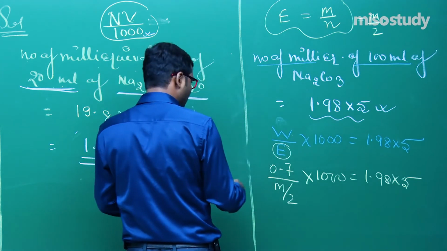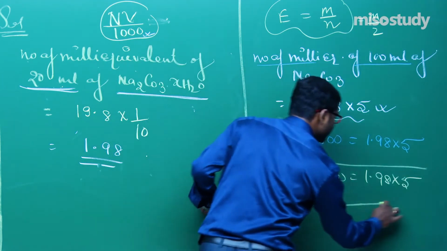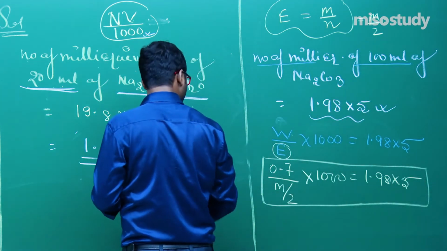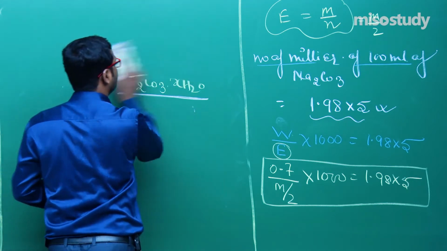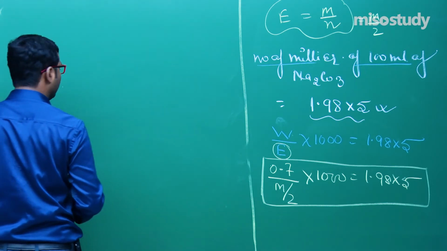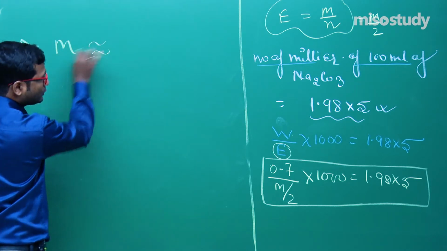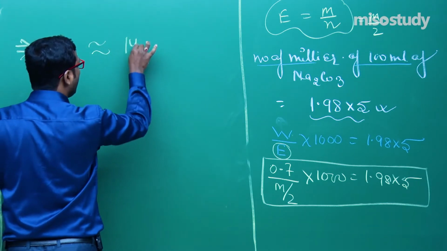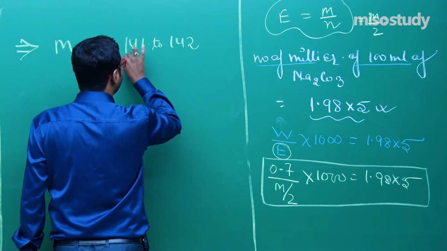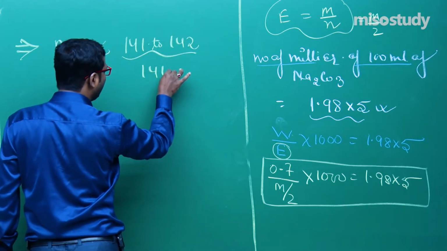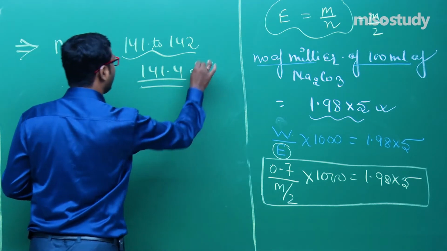Yes sir, you are completely correct. This is the expression here. Now listen carefully. After calculation, the value of m is almost 141 to 142, around 141.4 gram.